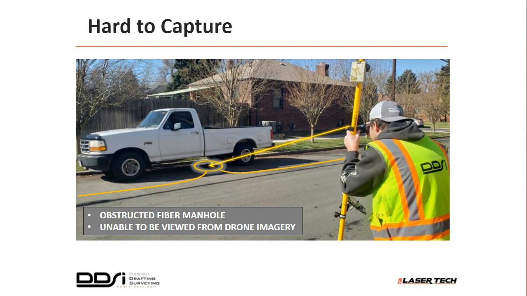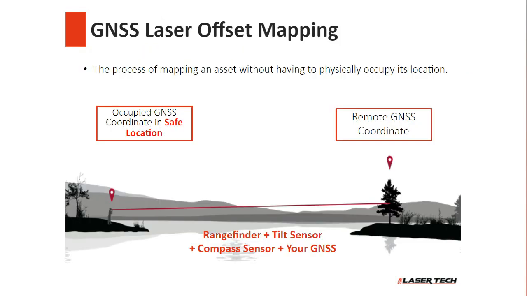Right. So let's talk about this concept of a laser offset that we've been alluding to. Essentially, you know where you are with your GNSS. You put that pole down on the ground, you run your software, you get your certainty position and everything. You know you're in a good spot there. And then to capture that remote location, you just point and shoot it with the laser. It's going to measure distance at least.